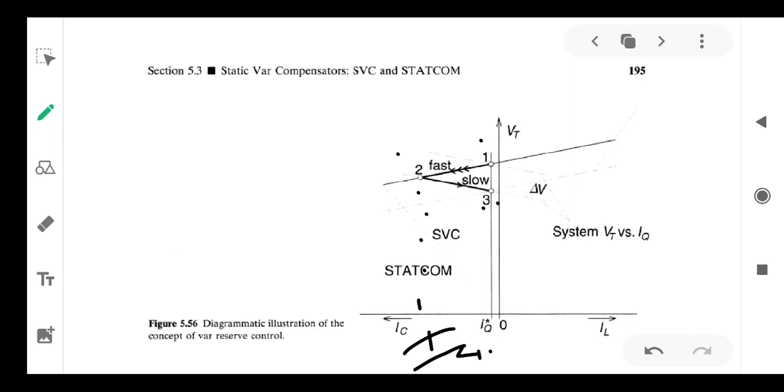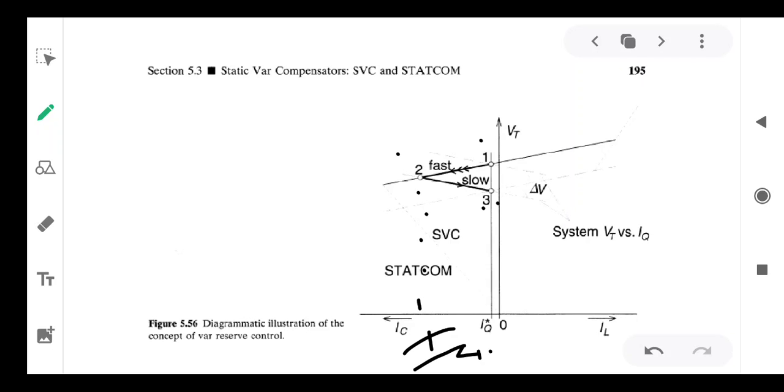In the meantime, the other voltage control devices, the tap changing transformer, will change the system voltage, and simultaneously the SVC or SVG is brought back to operating point 3 with the help of the slow acting integrator.